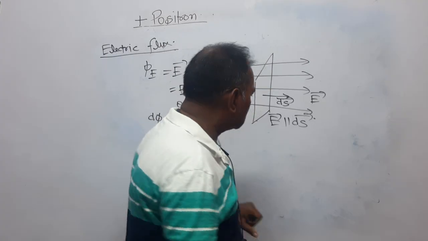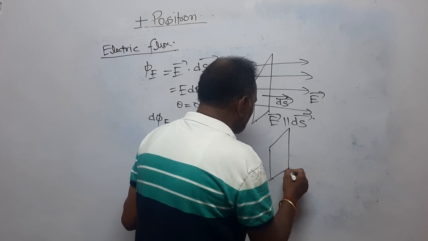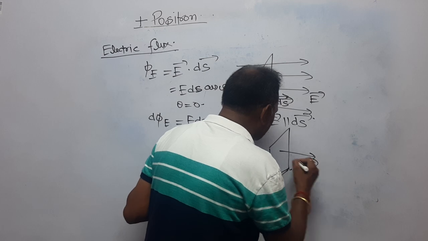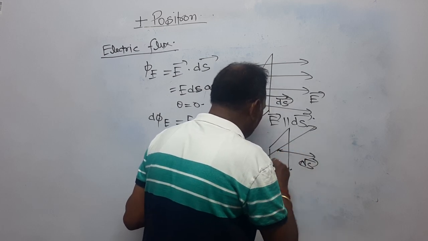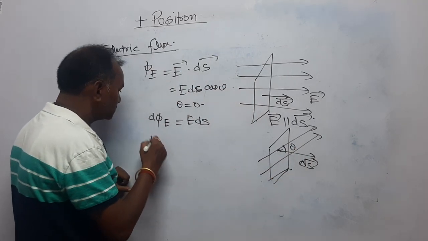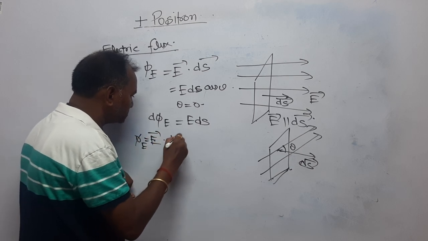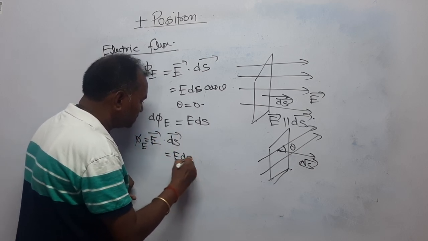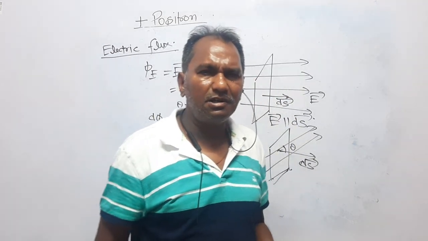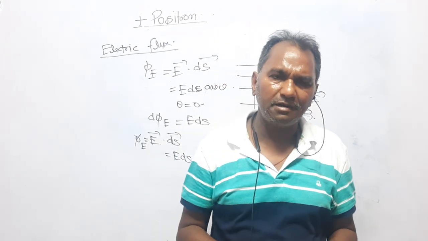It might be that your surface is this, meaning the area vector ds is this, and field lines are crossing in this way. This is theta. In this case, phi E is equal to E dot ds, which is equal to E ds cos theta. Dear students, that all depends on the angle between the area vector and the electric field.